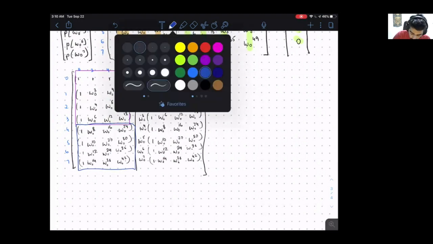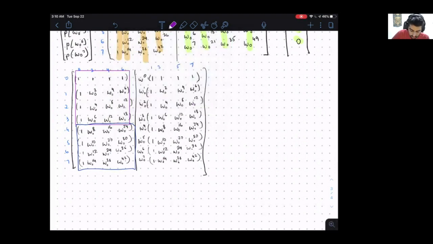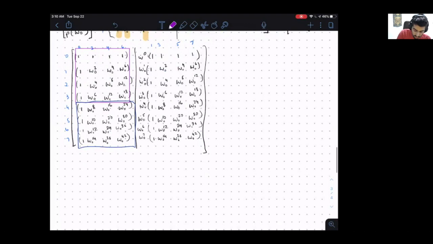So the first thing that we can note is that omega naught, this term over here, this term and this term, well, they look different as we've written it out right here, but in actuality, we know that omega naught is an 8th root of unity, and by definition, omega naught to the 8 equals 1. So this term and this term are actually equal.